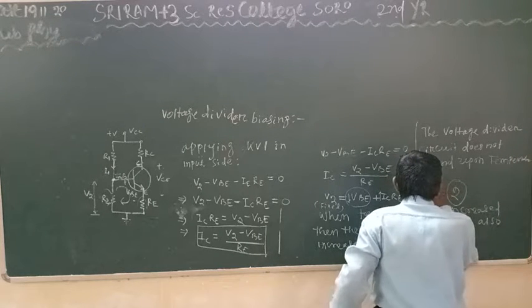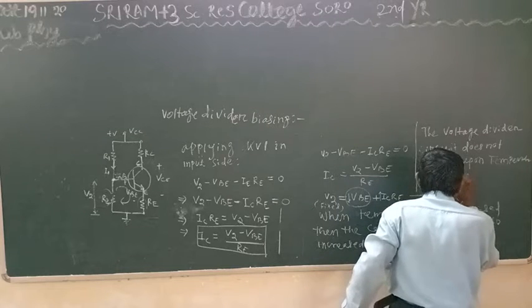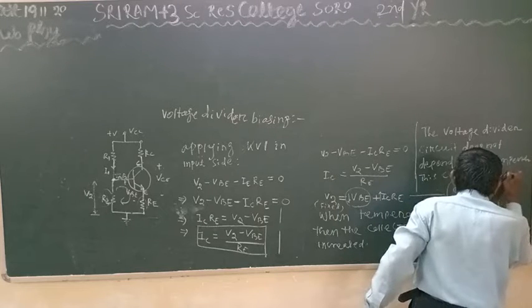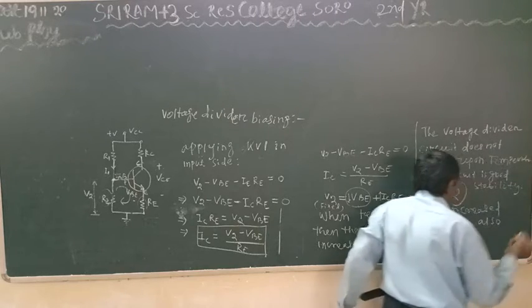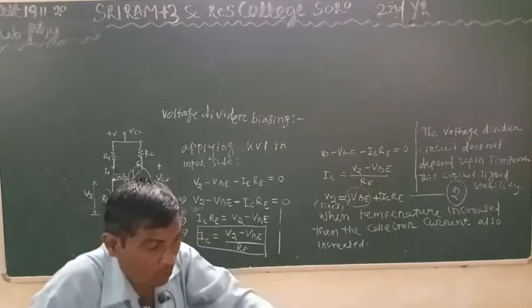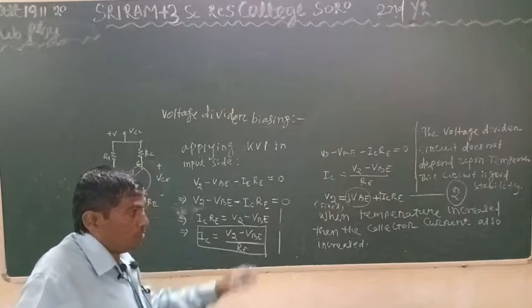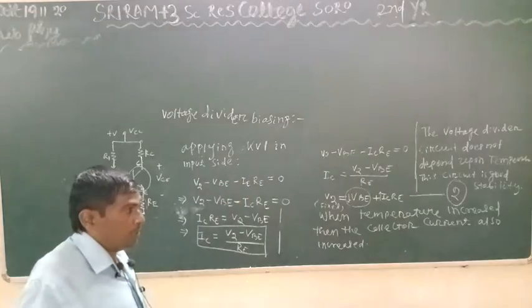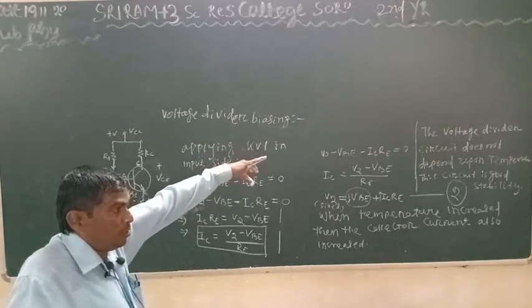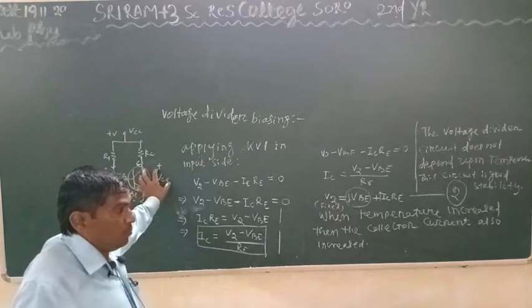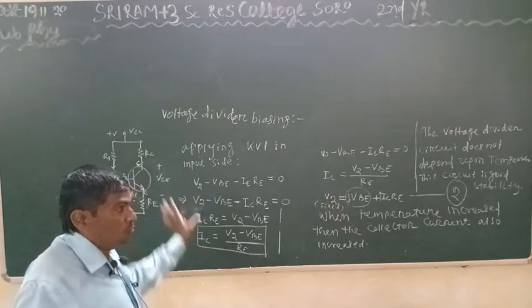So this circuit has good stability. So from this concept, the collector current does not depend upon beta, and again the collector current does not depend upon temperature. Now the collector current does not depend upon beta or temperature. So this biasing circuit, or voltage divider circuit, provides good stabilization.